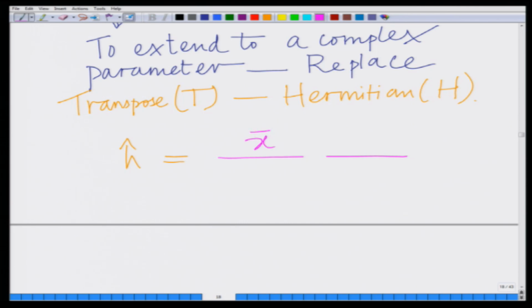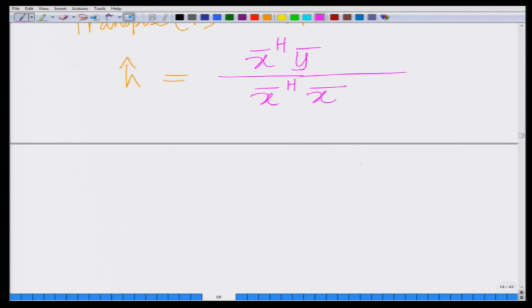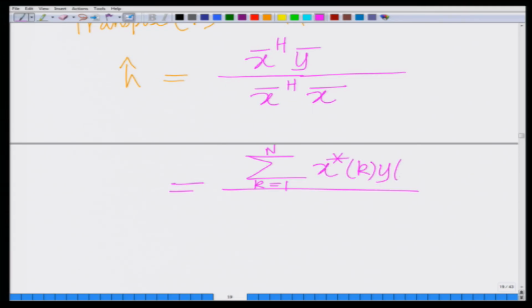that is, x bar transpose becomes x bar Hermitian: x bar Hermitian y bar divided by x bar Hermitian x bar, which can now naturally be simplified as summation k equal to 1 to n x conjugate k, that is the conjugate of the transmitted pilot symbol, times y k, divided by summation k equal to 1 to n x conjugate k times x k, which is magnitude x k square, the magnitude of the complex symbol.